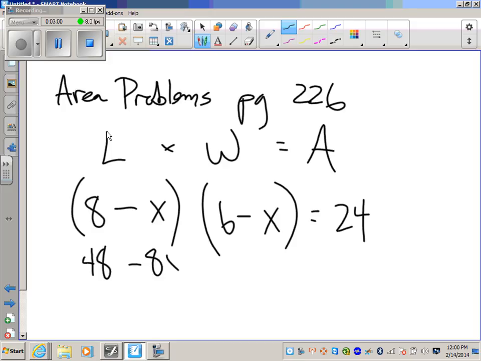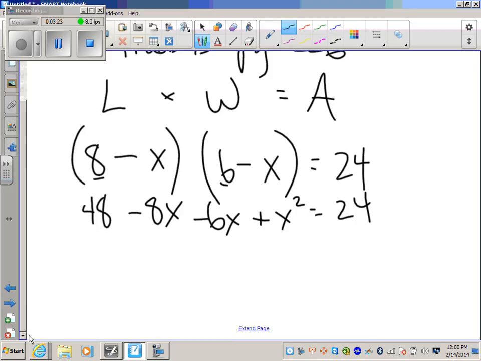Let's just try to FOIL this first, and then we'll clean everything out. So first, 8 times 6, outer, 8 times negative x is negative 8x, inner, negative 6x, and then last, negative x times negative x, so positive x squared, equals 24. Okay, we'll just put all our cards on the table, get everything all laid out there.